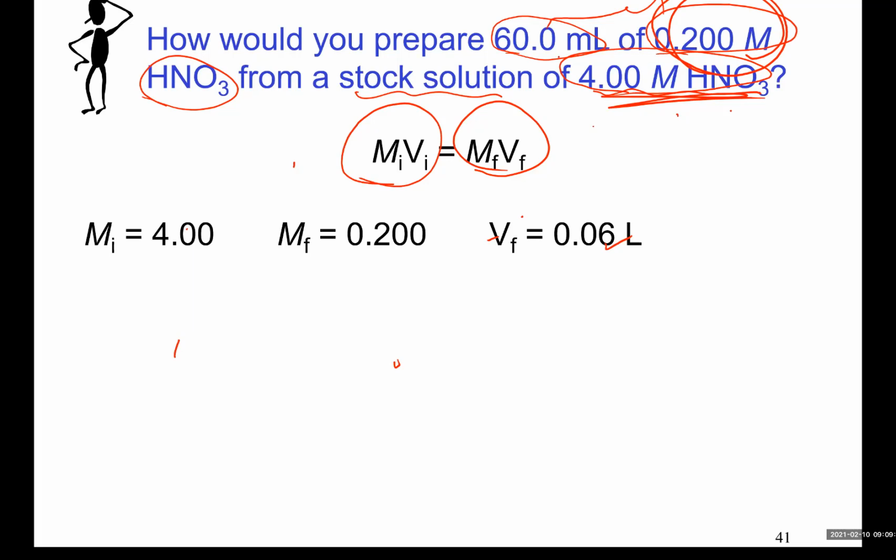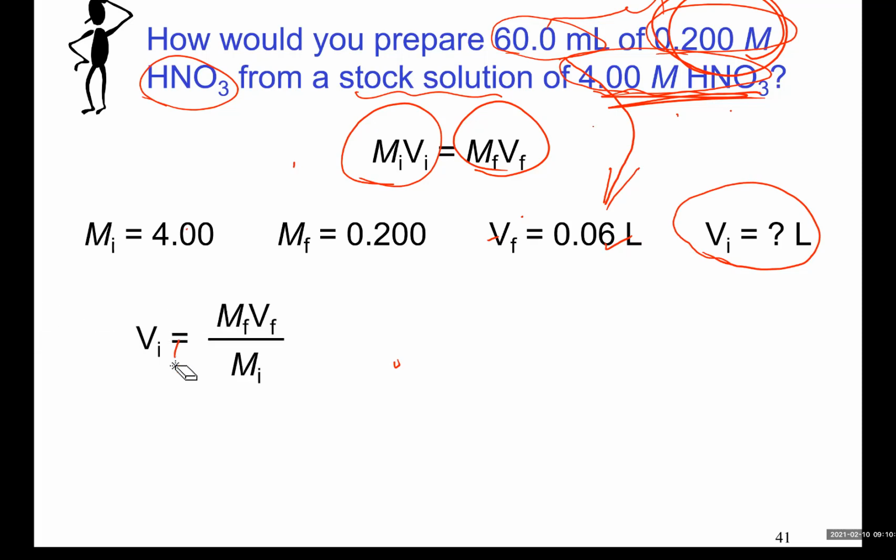Guys, if I'm going to convert 60 milliliters to liters, is it fair to say all I have to do is divide by 1,000? So instead of 60 ml, I can write 0.06 liter. And the problem is asking, what is the original volume from the concentrated acid? I have to solve this equation for VI, and as we did, VI is equal to MF times VF over MI.